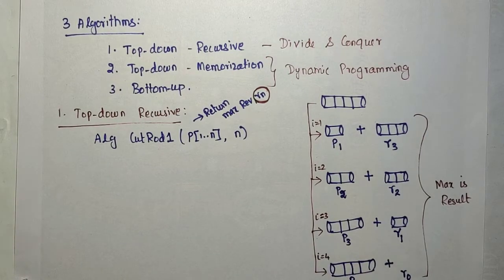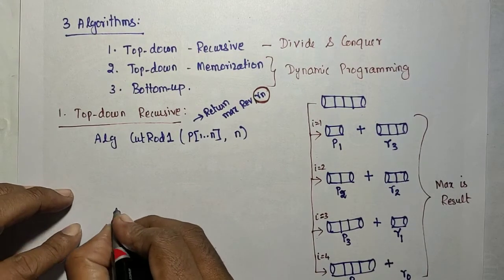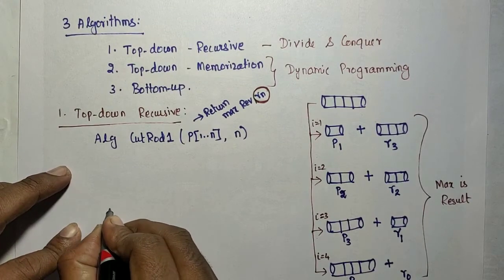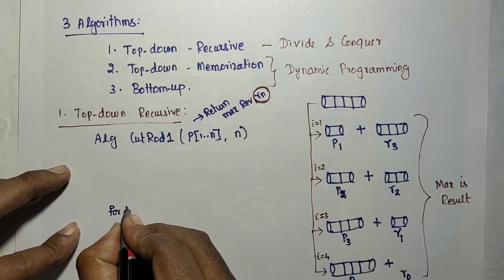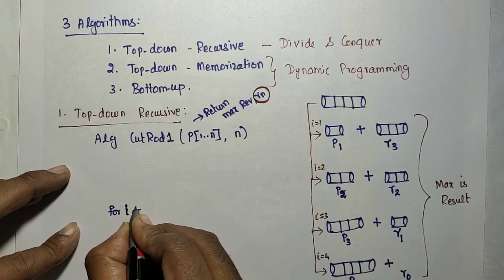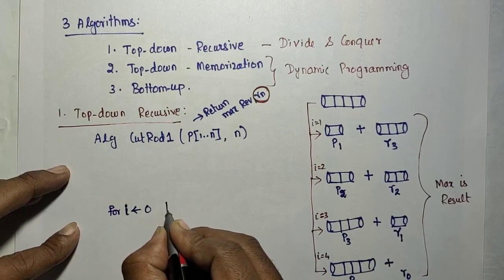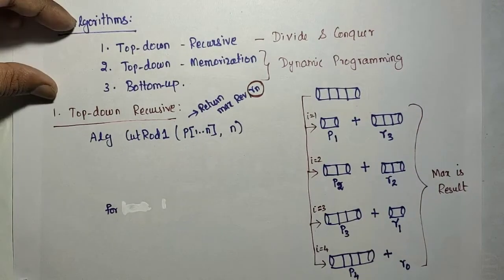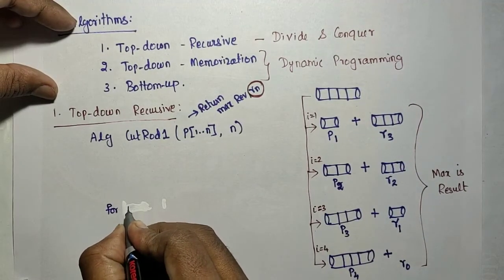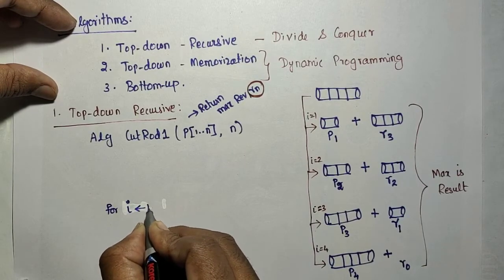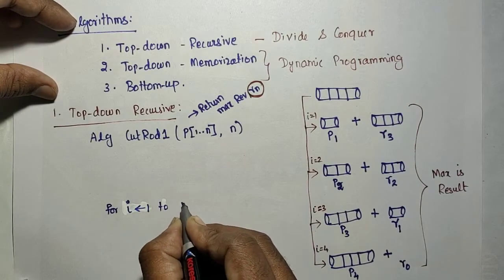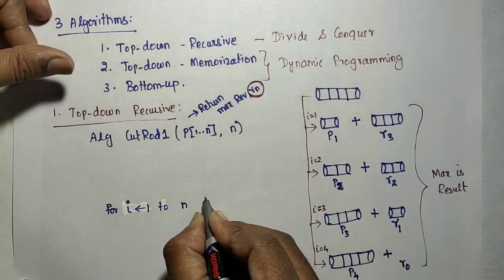So simply a for loop, for i equal to 1 to the cut position up to n, and do the following.